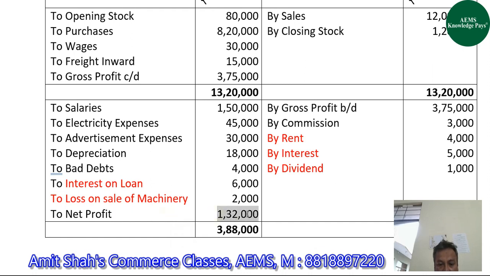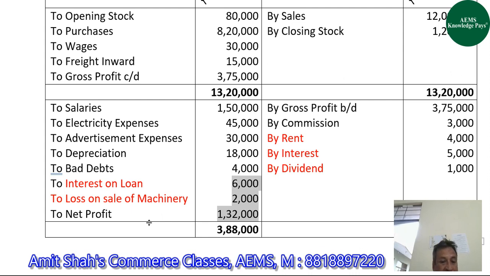But if we know net profit and we have to determine operating profit, what do we do? We add these two items to this, because of interest and loss on sale of machinery, what happened to this profit?